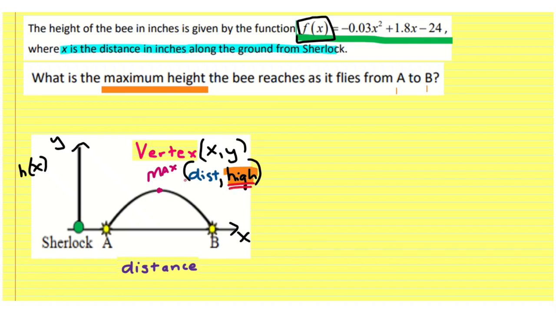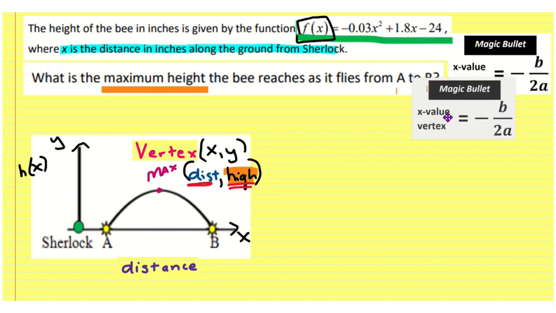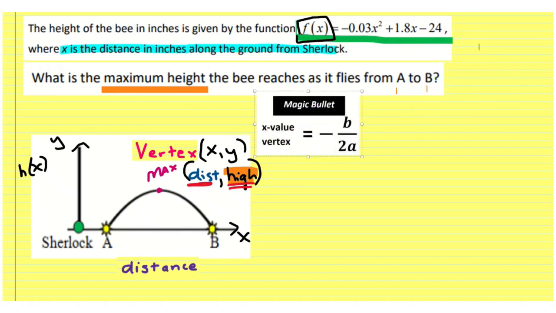Well, first of all, we're going to find the distance first. We are going to use what I like to call the magic bullet. The magic bullet is this little equation: the x value of the vertex can be found by negative b over 2a.